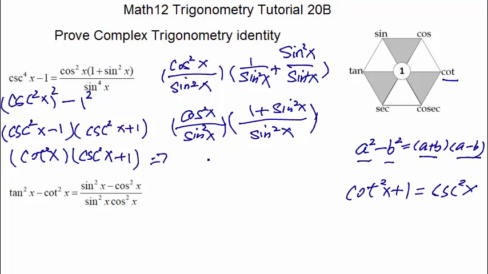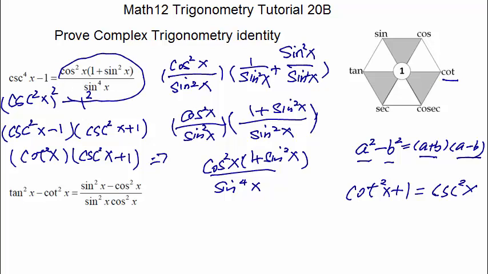And then let's see, sine square times sine square is sine to the power of 4. Cosine x squared times 1 plus sine square here. Is it exactly the same? We're done.